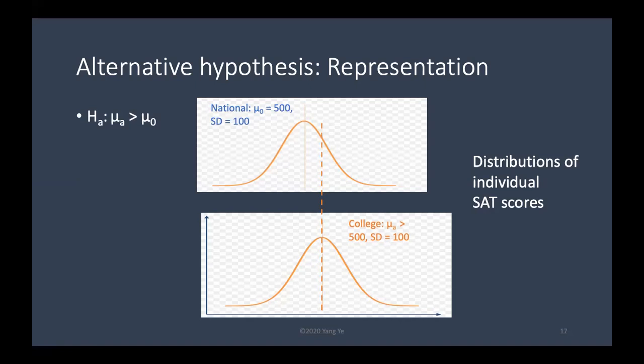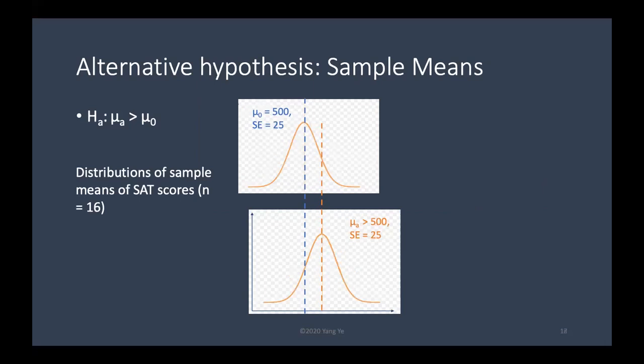So, okay, again, this is just a representation of the blue line is the national mean. The orange dots represent the college population mean. Okay? So now you can see that these are the sample means. Now you can see that the difference of means should be the same. Okay, theoretically they should be the same, but now the standard deviation becomes smaller, right?